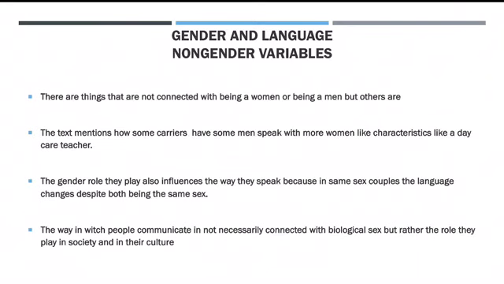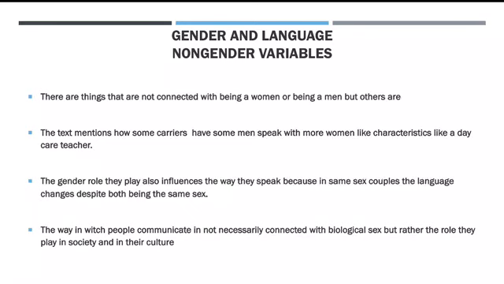So just because they are both men doesn't mean that they are going to approach conversations or topics the same way. It is not tied to sex, but more to what role they play in society and the culture in which they are.